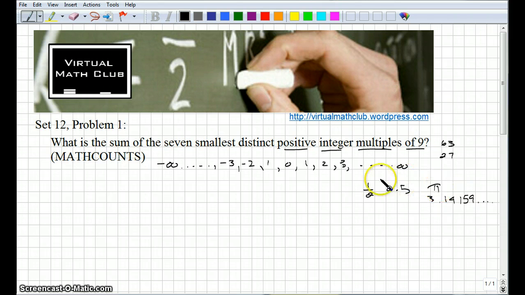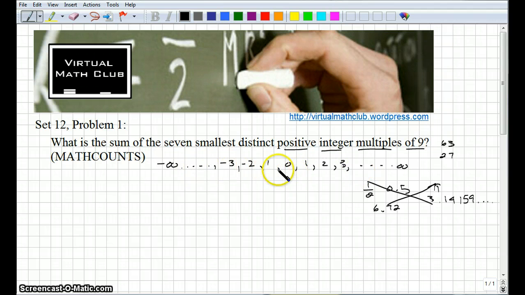So all of these numbers have fractional parts. Take 6.72. It has this fractional part, 72/100ths is what that means. So these are not integers. We're just looking at the numbers without any fractional parts. And integers include both positive and negative and 0.